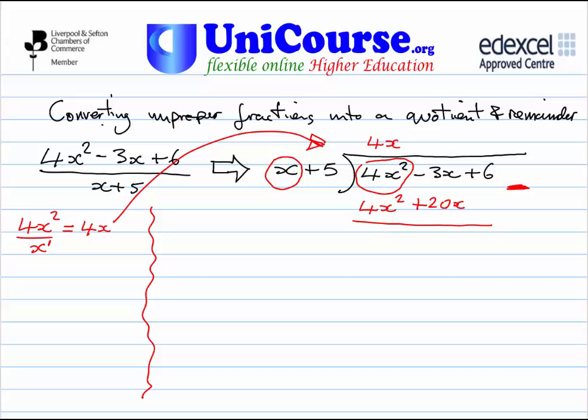So that's minus 3x minus 20x, which of course is minus 23x. And then of course we can't forget this 6 here. 6 take away some white space, so white space means 0. 6 take away 0 just leaves you that plus 6 there. Okay, and that was cycle 1.